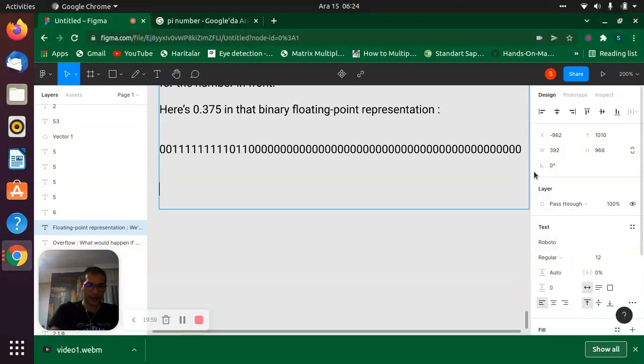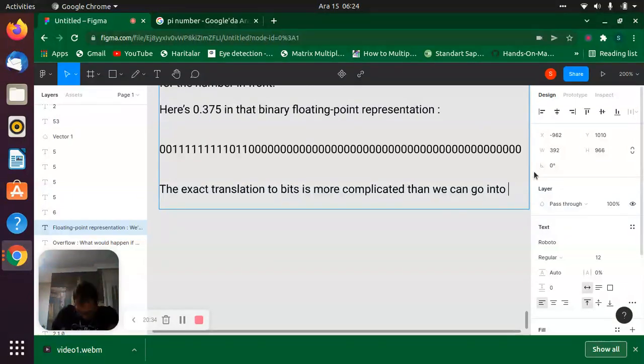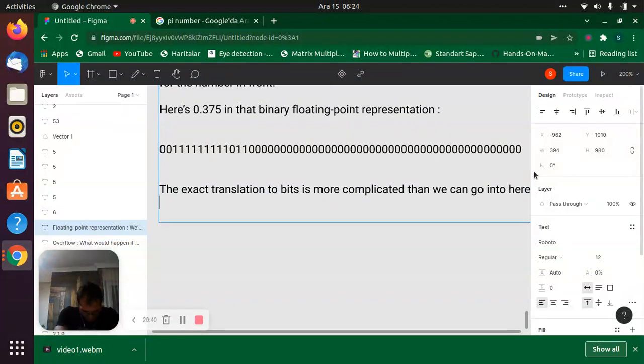So I'm saying here the exact translation to bits is more complicated than we can go into here.